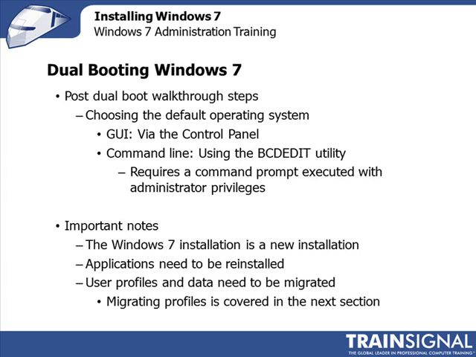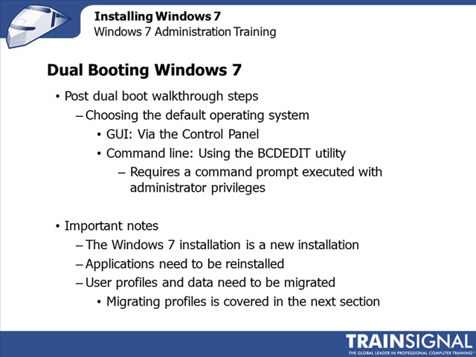I want to give you a couple of notes that are important to understand when you're doing the dual boot thing. First of all, the new Windows 7 installation is a new installation. It's not an upgrade. You can't upgrade Windows XP to Windows 7. And even if you're doing the dual boot, you cannot upgrade that machine to Windows 7.